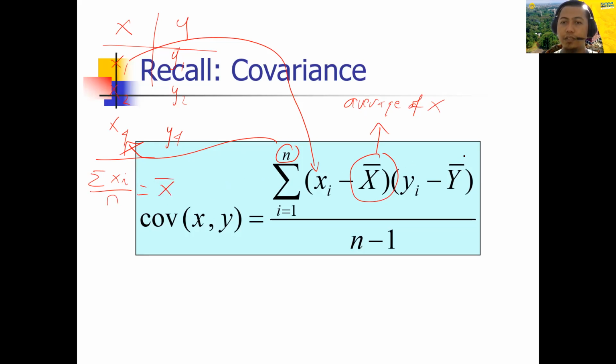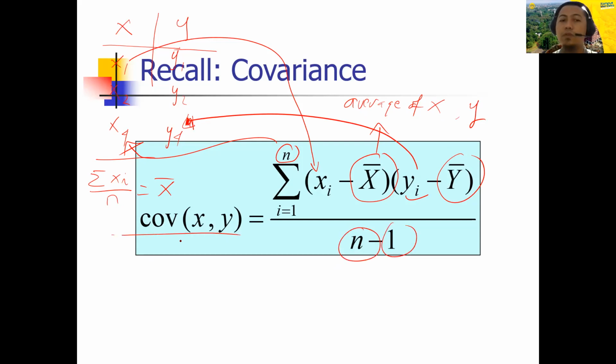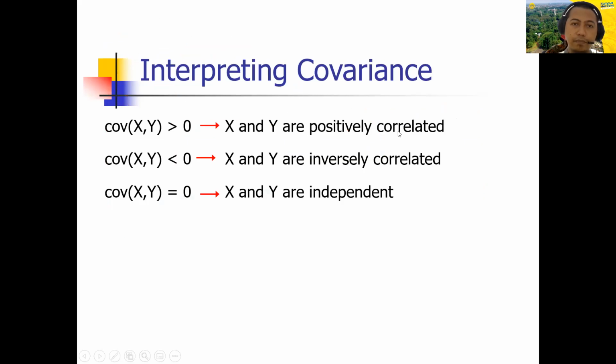Similarly, this is the definition of the average of y, and these are the data that you take from the results of observations. And then this is the number of data minus 1. That's the formula to compute covariance from the data.